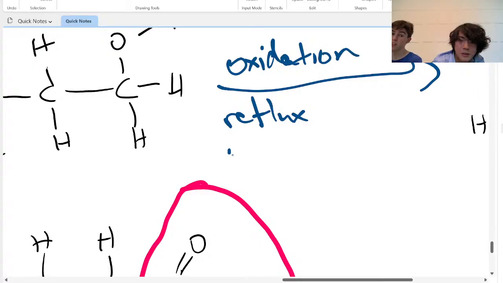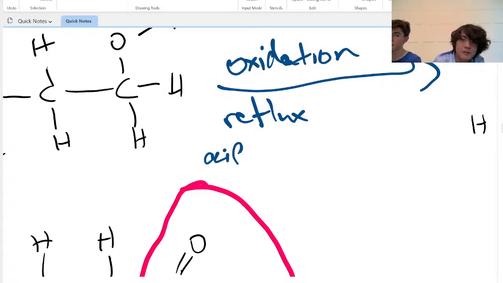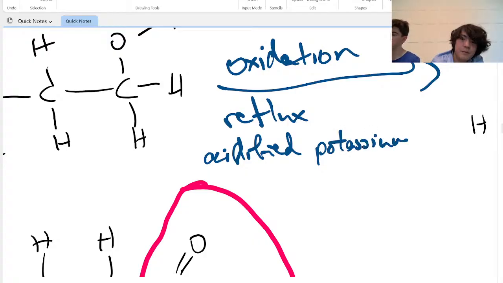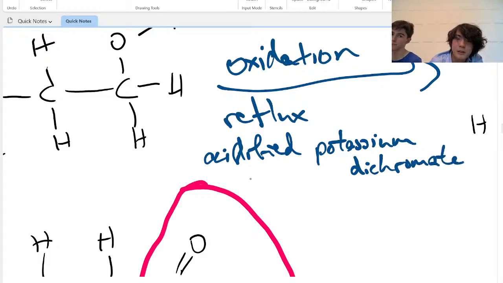Sometimes they give potassium dichromate and ask what the other reagent is, and you have to add an acid. Just use sulfuric because hydrochloric creates bad gas. So acidified potassium dichromate.